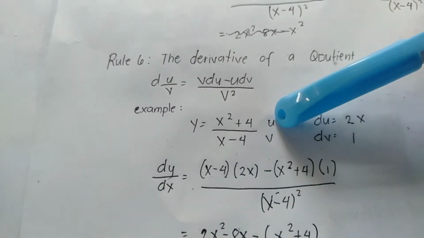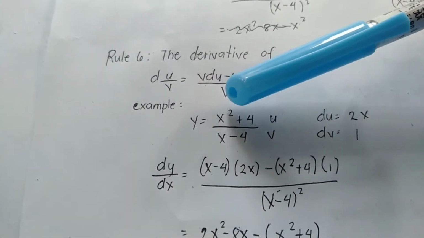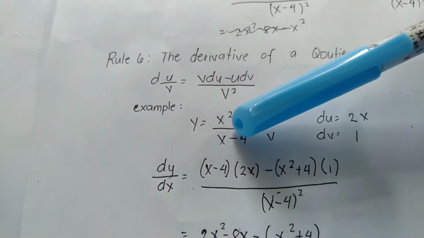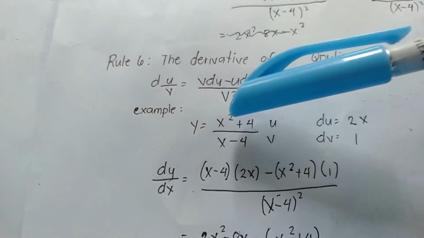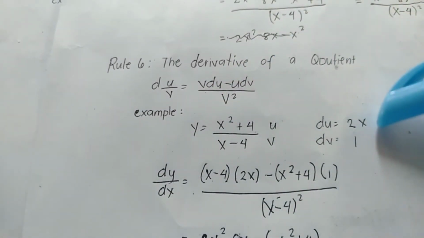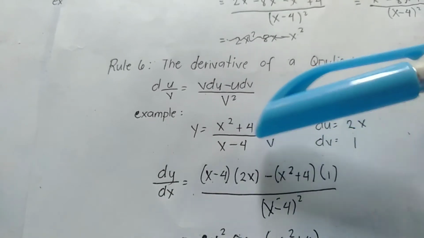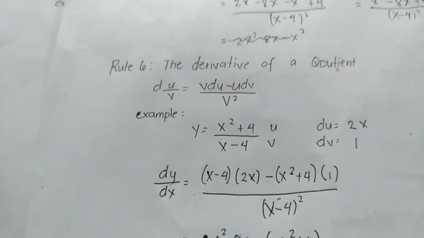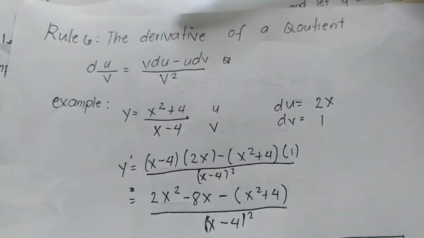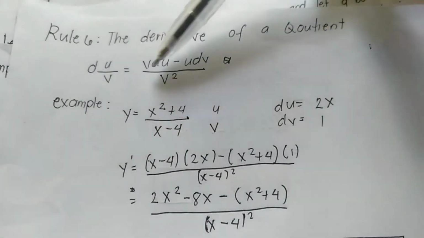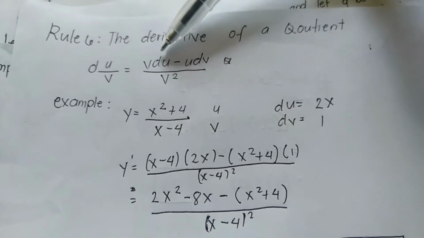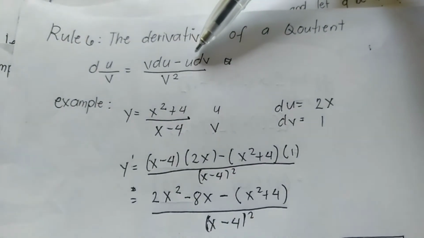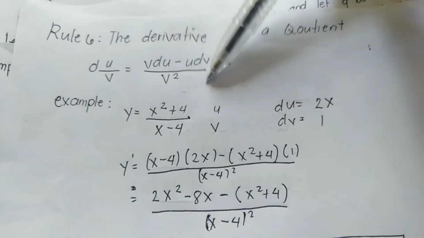So our u is x squared plus 4 and our v is x minus 4. Our derivative of u is 2x and our derivative of v is 1. So the 6th rule, the derivative of a quotient, the formula is the derivative of u over v is equal to v times the derivative of u minus u times the derivative of v over v squared.